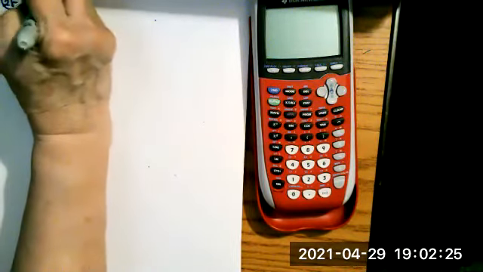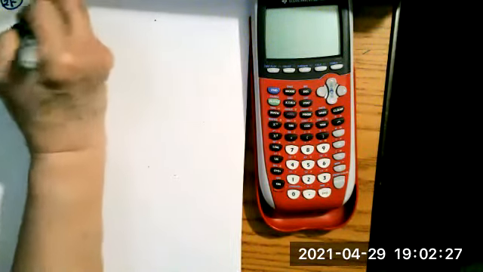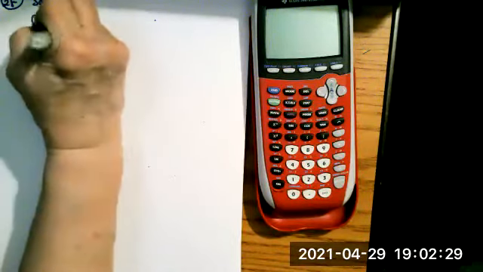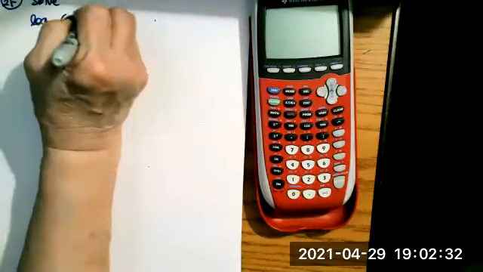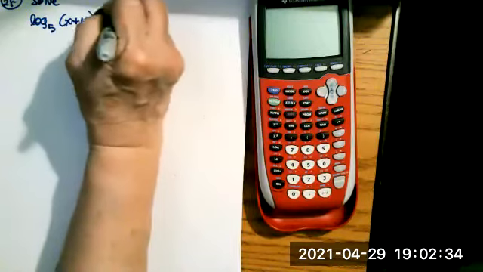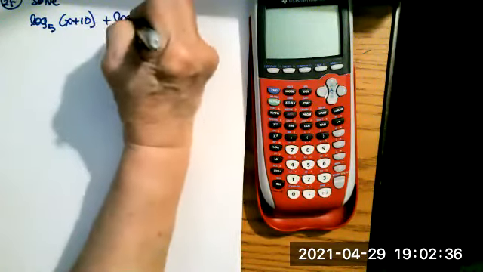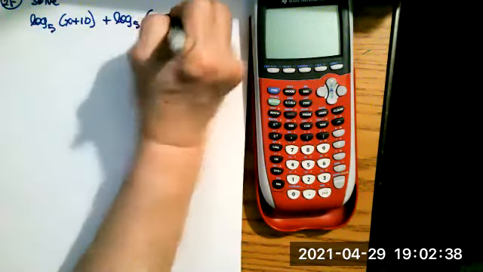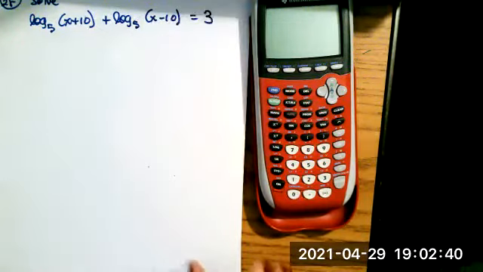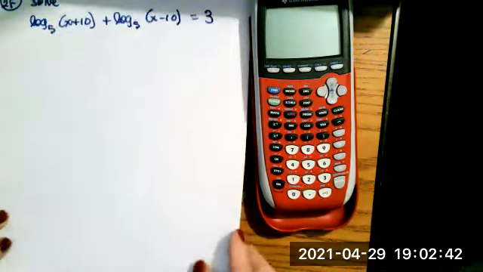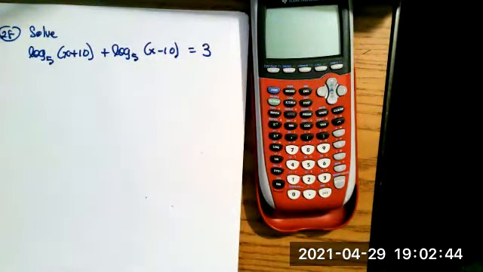28 is like that. It's a solve, and it's log base 5 of x plus 10 plus log base 5 of x minus 10 equals 3. Now look at this one. I don't have a log on this other side like I did on this one, so I'm not going to be able to cancel my logs.